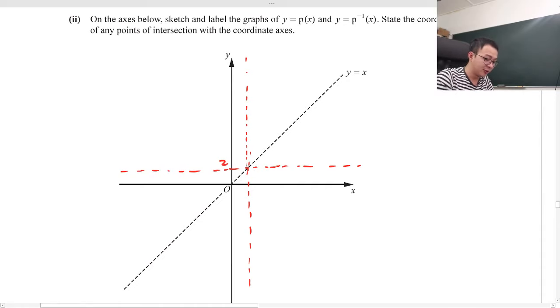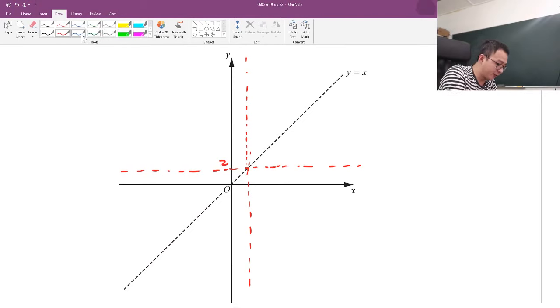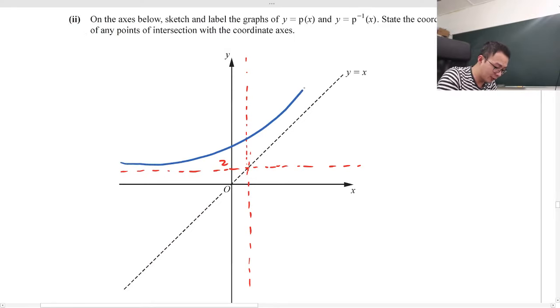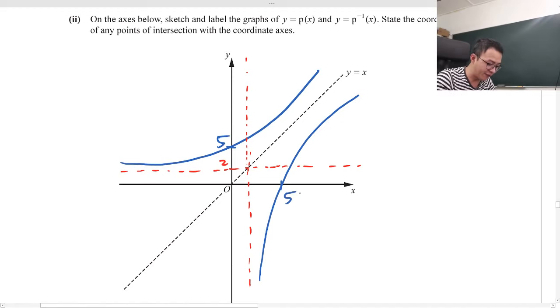Alright, so then I will draw my graph over here. The graph will look like this, and then the reflection graph should look like this. And then they will touch at 5 here. How do I know the 5? Because the equation is 3e^x plus 2, right?